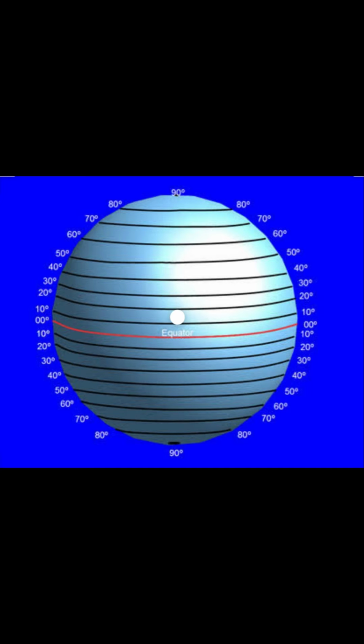On both sides you can see the same numbers, starting from 0, 10, 20, 30 and so on till 90. 90 degrees north is called the North Pole and 90 degrees south is called the South Pole.